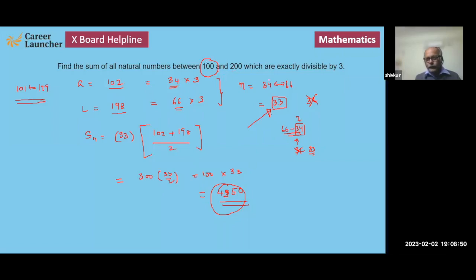You have to be very careful, and the best way to make sure you don't commit errors is to write the first term in this form, write the last term in this form. So now it is very easy for you to make sure that you're not making any mistakes in finding the total number of terms.